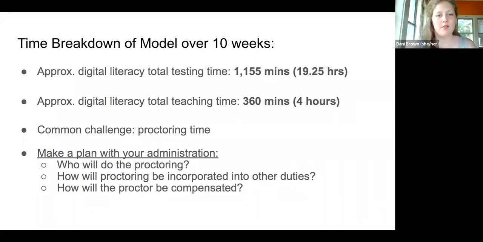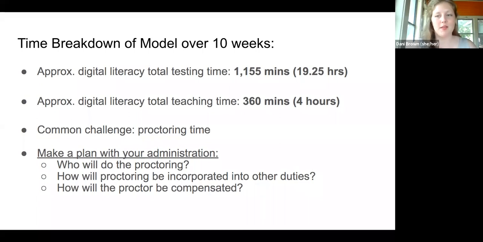So for teaching time, we had about 4 hours of focused in-class push-in teaching time. So as you can see, the testing time far exceeds the teaching time. And we had the common challenge of figuring out how to fit in all of this proctoring to our schedules.